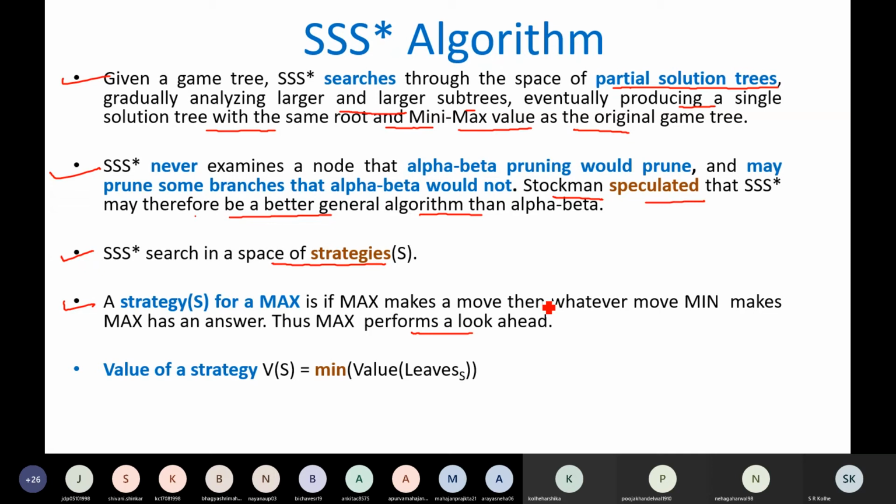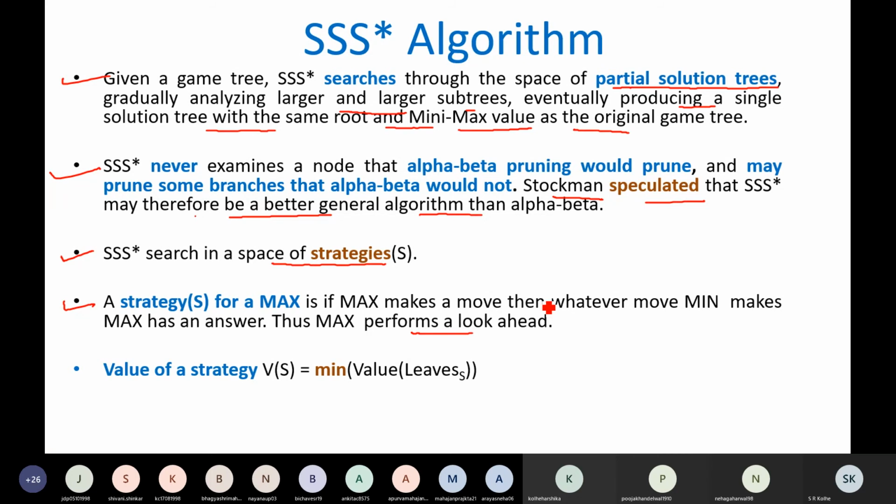So we are running out of time. We will stop here today. We will continue our discussion on this SSS star algorithm in the next class. And if you have any difficulty, before starting the next lecture, we will discuss your difficulty in alpha beta cutoff algorithm, and then we will move further on the SSS star algorithm.